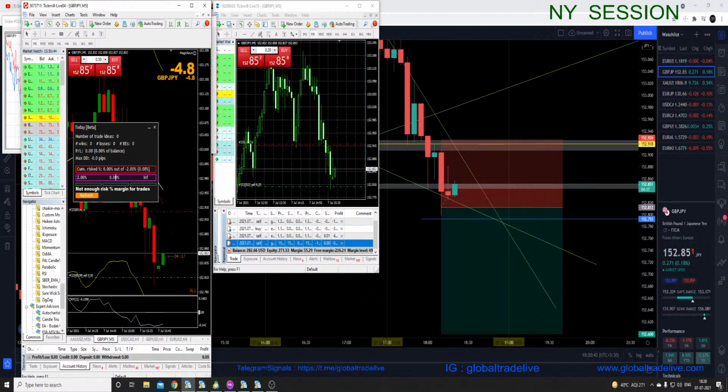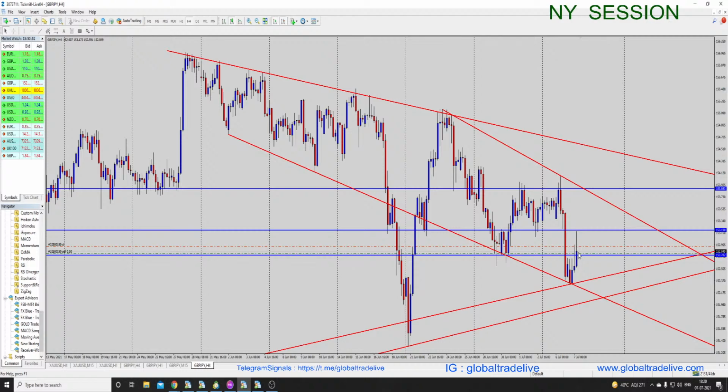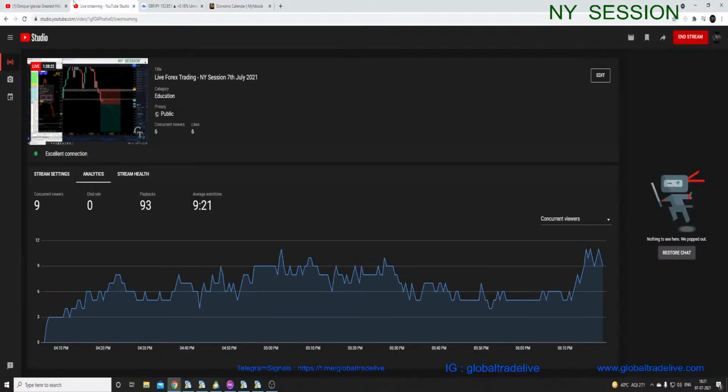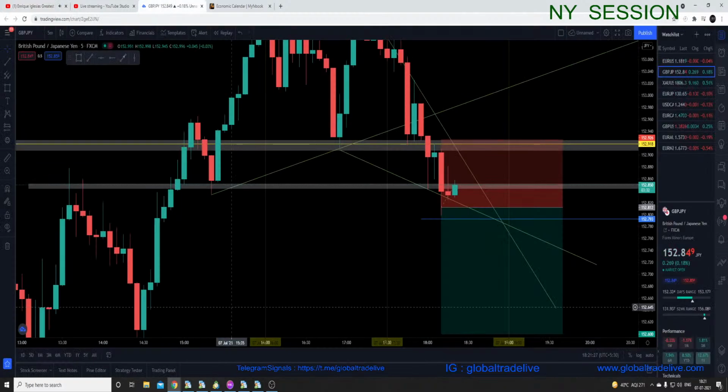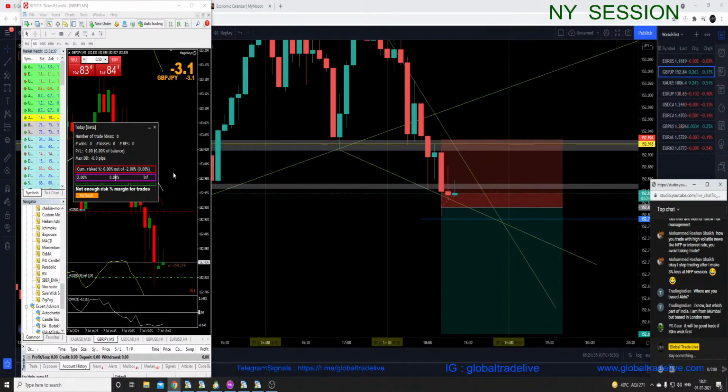Now the 10 minutes just left here, and in the last 10 minutes this 4-hour candle can go all the way down. Yeah, it's breaking the low here.